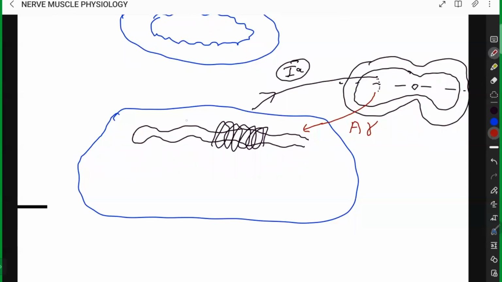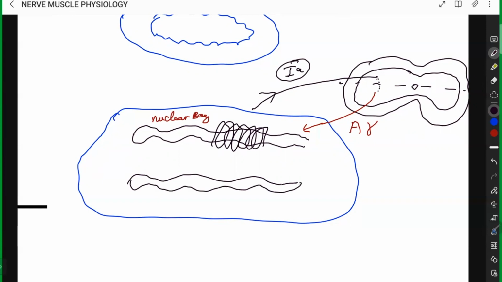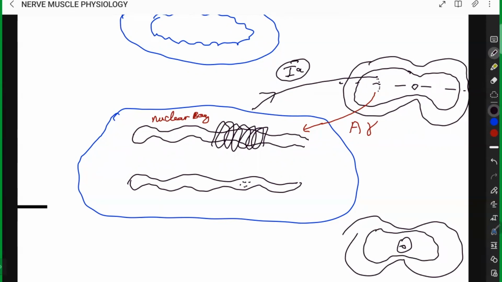Similarly, you're going to have the other thing, again like this. This is called the nuclear chain fibers. In the nuclear chain fibers, the signals are going to be taken by the other one.